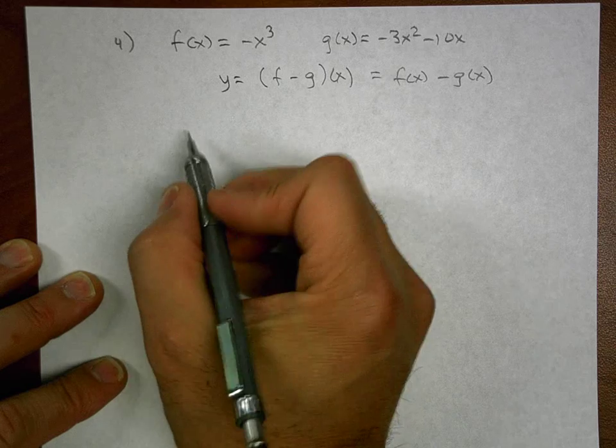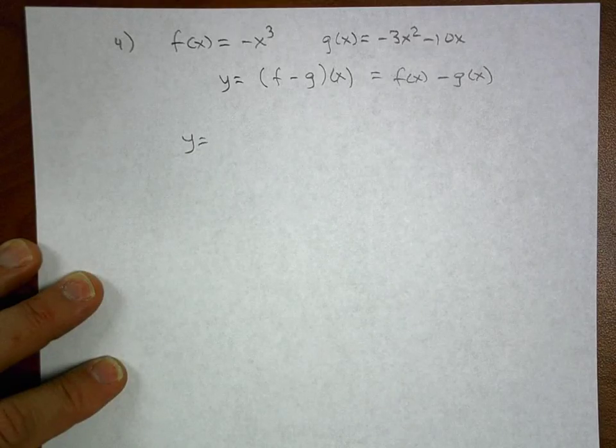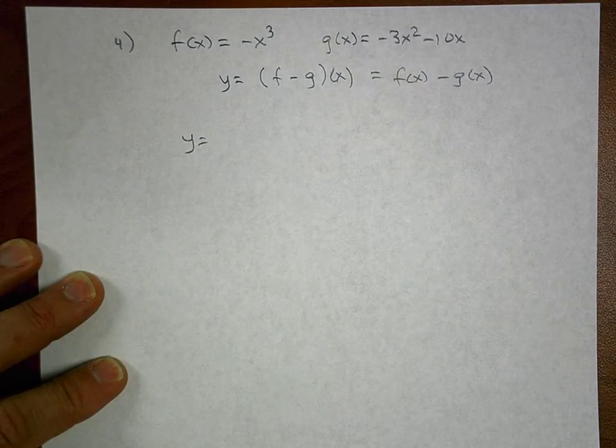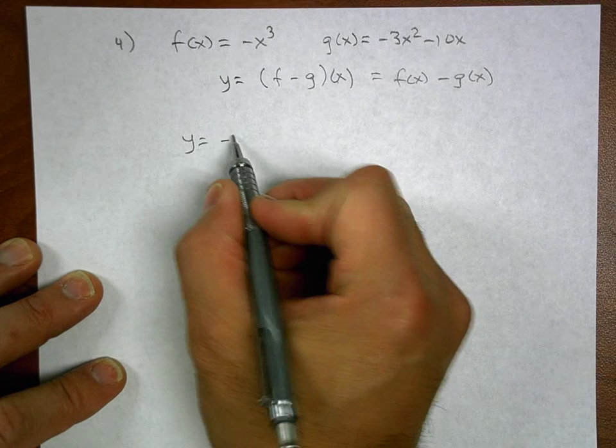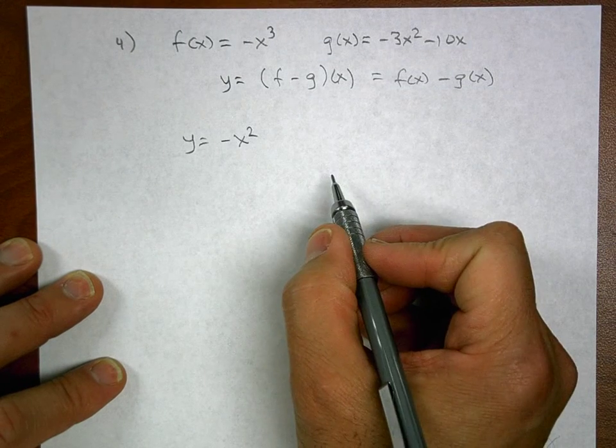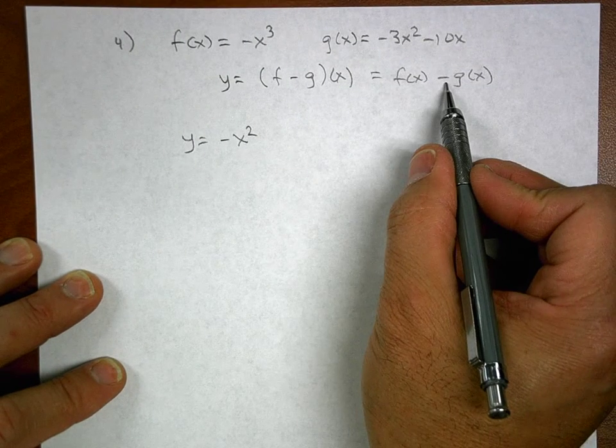Okay, so let's go ahead and do that. Get caught up there. Okay, so f of x, so -x cubed, and then minus g of x.